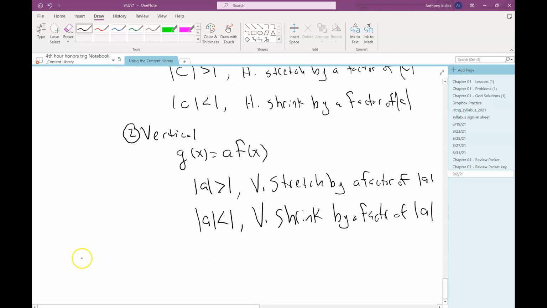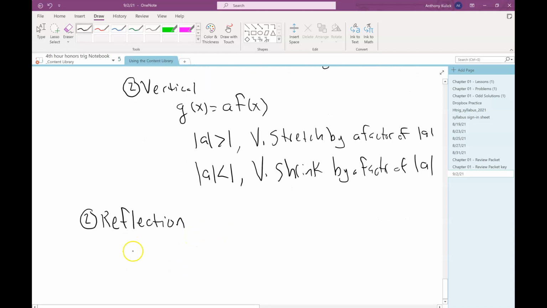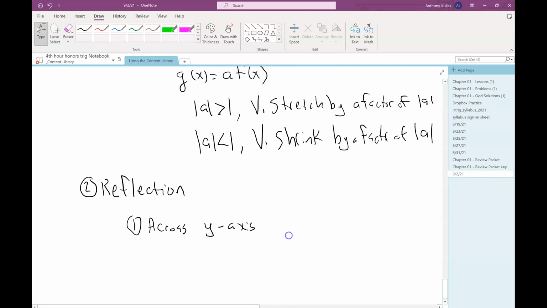Drake, you said the other type was flips. That would be a reflection. And there are 2 types of reflections. We can reflect across the y-axis. To do that, we need to negate the x coordinate.